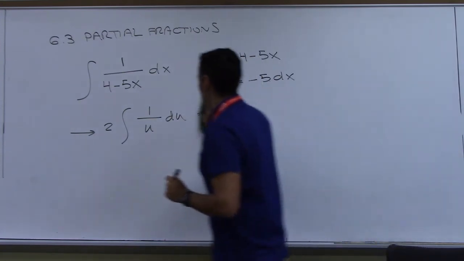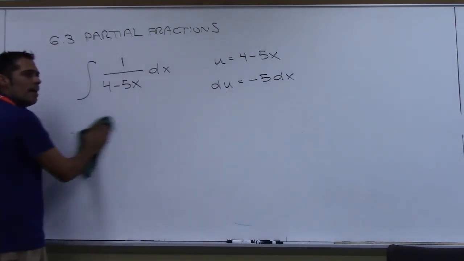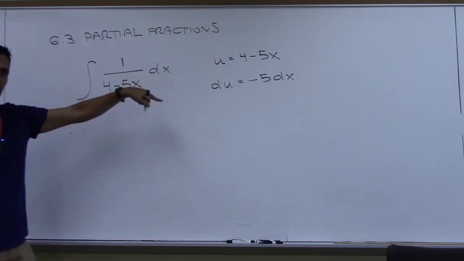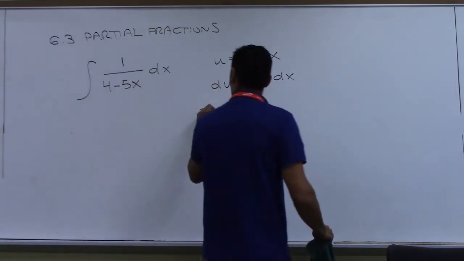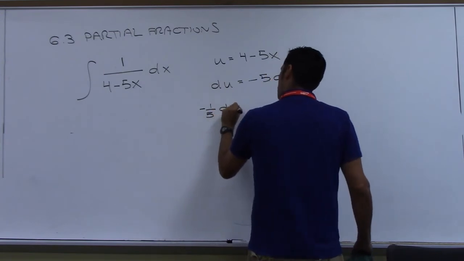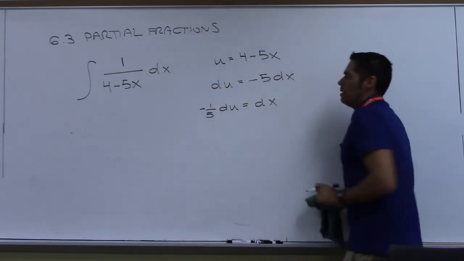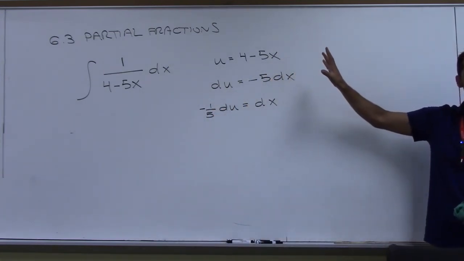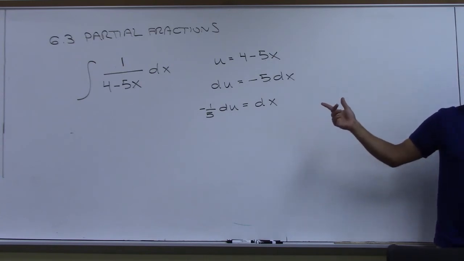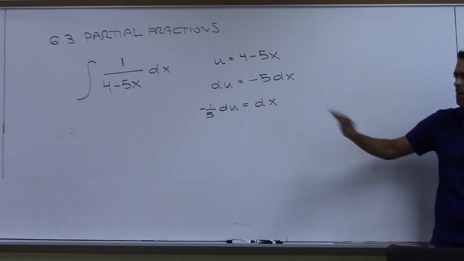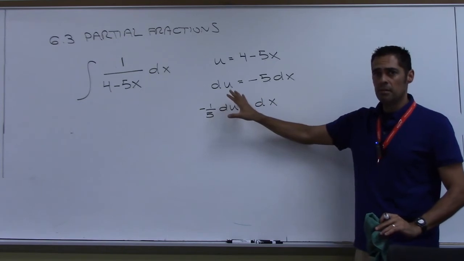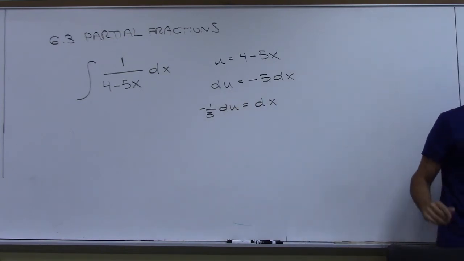So we would have to tweak that, scaling out the negative 5 by multiplying by negative 1/5 on both sides. Then you'd plug back in. Wouldn't this be another natural log? Yes? Okay, so I'm not going to continue it. We okay with that? All right, let's look at the next one.